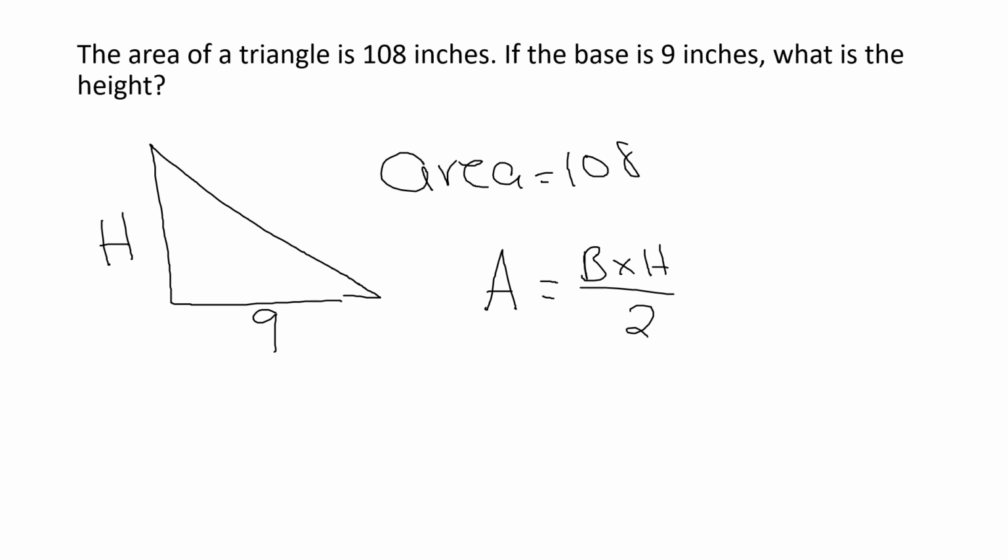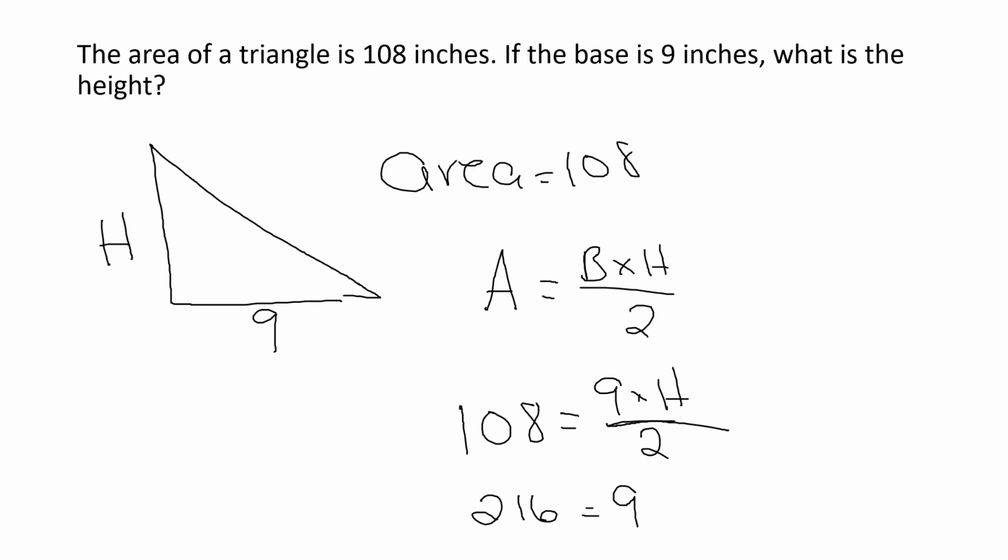So I'm going to plug in the information I'm given. The area is given as 108. The base is 9. Now I'm going to work this backwards. Instead of dividing by 2 here, I'm going to multiply the 108 times 2. So then I have 216 equals 9 times h. I don't know why I used a calculator to do that, but I did.